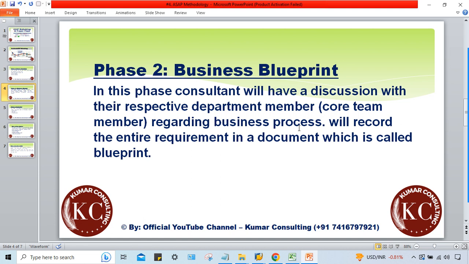Whatever activity is performed by sales department, it must be mapped here into SAP, right, so that sales department will be able to perform their activity here into SAP itself, right? So who is going to configure those things? Of course, SD consultant.